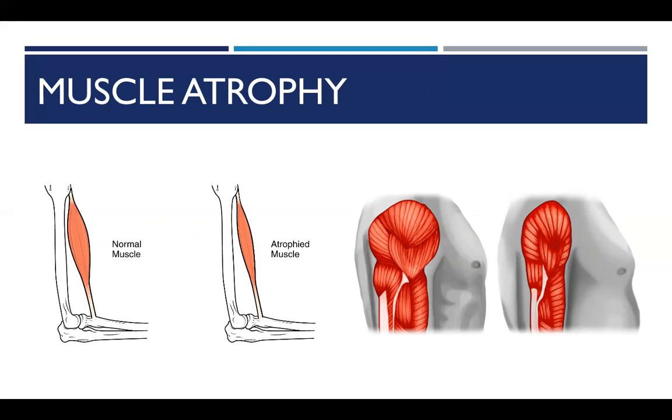If you look at the left versus the right, the muscles are larger, they're more defined. If you look at the chest and stomach, they're more toned, whereas on the far right picture, the muscles are smaller, the chest and stomach are not as toned, and they're sticking out just a little bit more. So that's the difference between your typical muscle and an atrophied muscle.